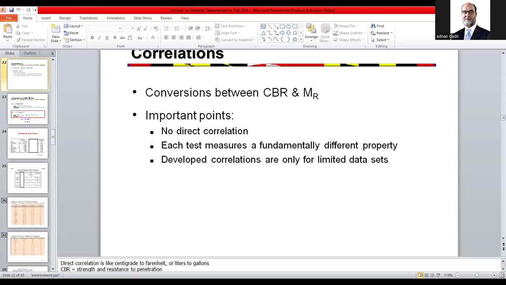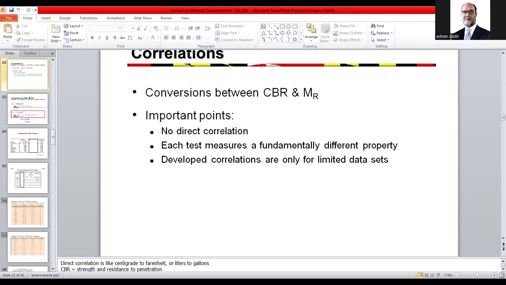In the field of engineering, approximations cannot replace actual results. Most of the time it helps you, but if you are interested in finding the exact value, you must perform the actual resilient modulus test.